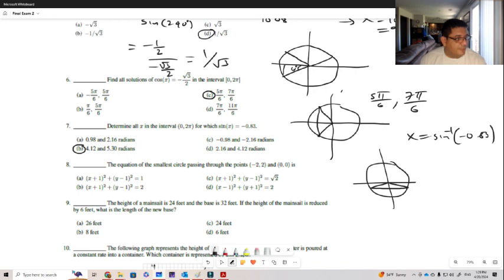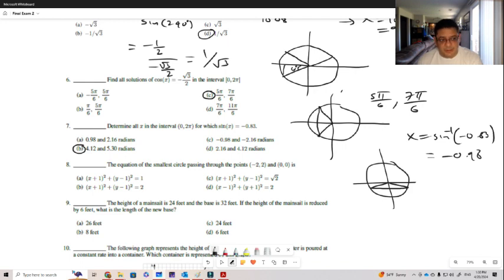Now the next way to approach this is, once you get this value, you're probably going to get the answer minus 0.98, since sine inverse is going to give you values between minus pi half and pi half.